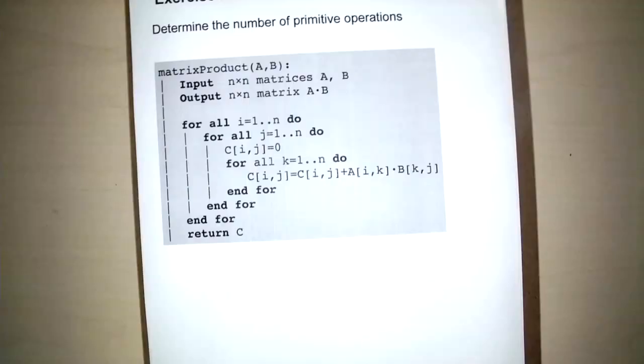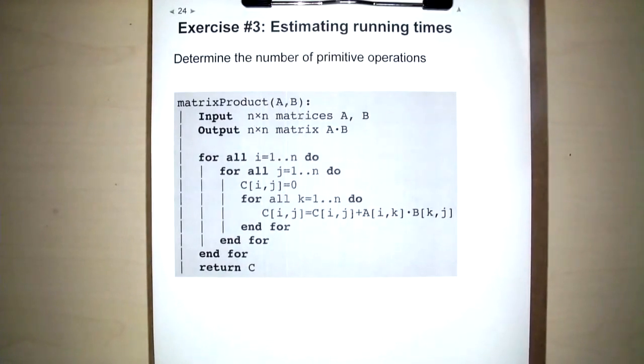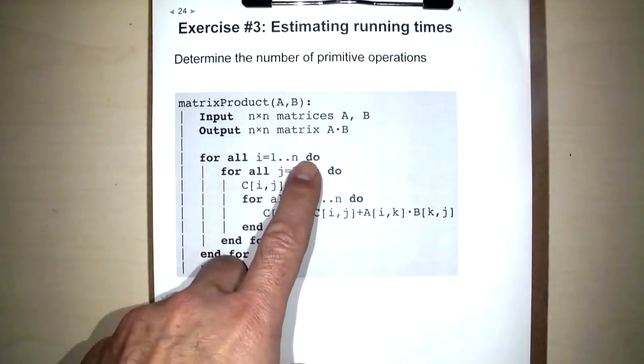And once we've done that, I will have a break. So here is the algorithm. And I would like to hear from you, when we use the same definition of primitive operations, how much time it would take to execute every single line in that algorithm. Let's start with that for loop here.